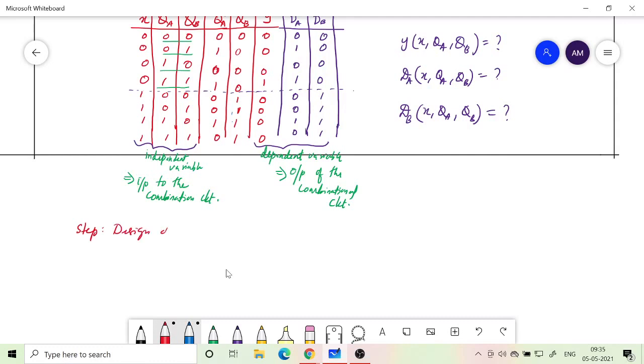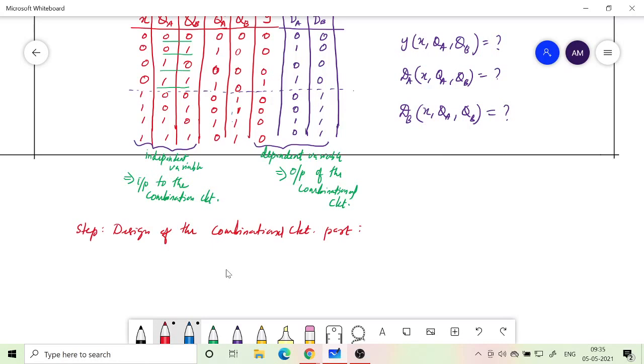Design of the combinational circuit part. The sequential part is already fixed to be 2 D flip-flops. So now we need to design the combinational circuit part, which will generate the output as well as generate the input for the storage element.